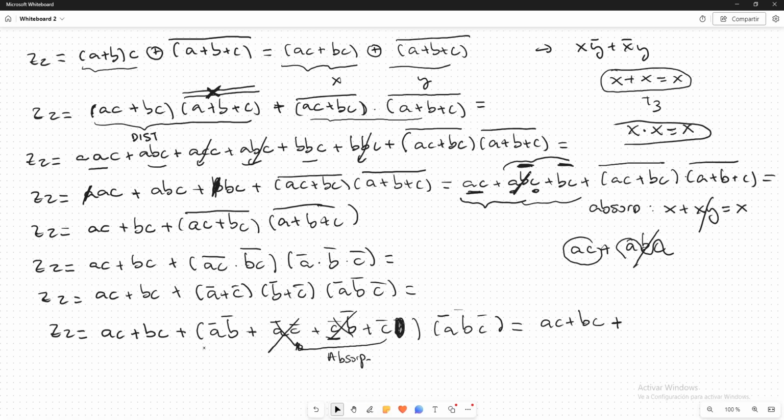Now we have here A negated, B negated plus C negated multiplied by ABC negated. We continue. We are going to have the following.